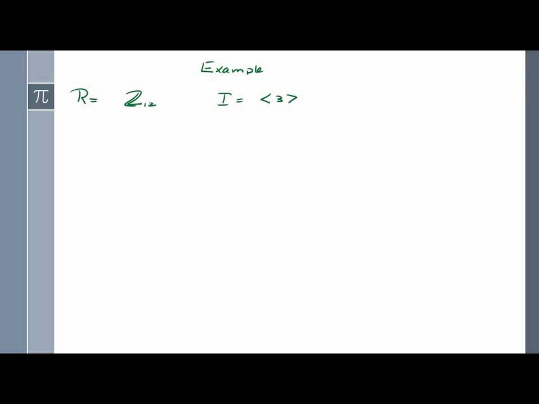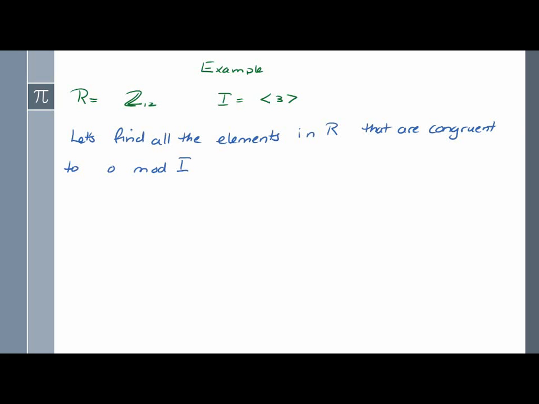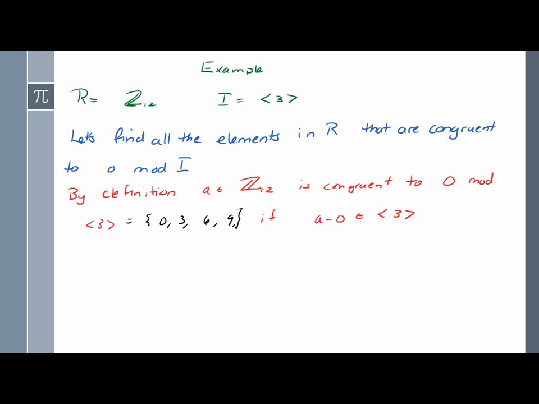So let's take Z12, and I equals the cyclic group generated by 3, under addition. Let's first find all the elements in R that are congruent to 0 mod I. So I'm using straight the definition I just gave you 2 slides ago, which you probably didn't have time to digest yet. If I take an A in Z12 and I want it to be congruent to 0 mod that set, this is my I, this is what I is expanded.